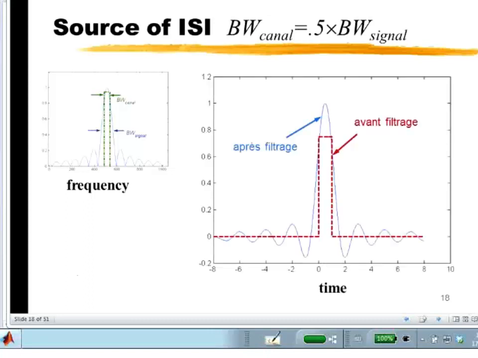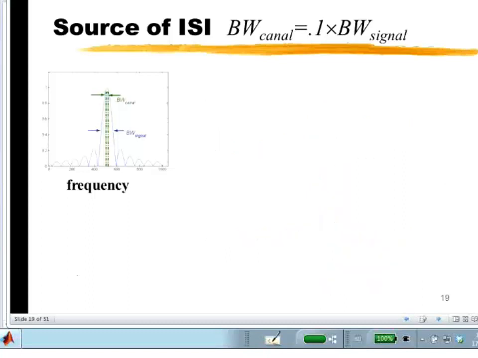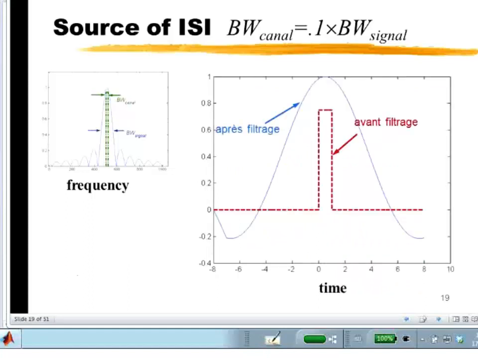In fact, quite a bit more spreading in the time domain. And if I try to get a very ridiculously small channel that is 1/10 the bandwidth of the original signal, I have an immense amount of spreading. So this is why channel effects alone can lead to dispersion of the original pulse, so that the pulse is no longer confined to a limited time duration.